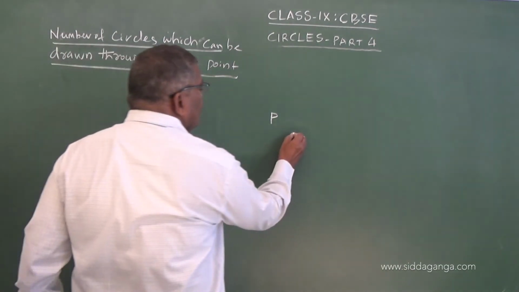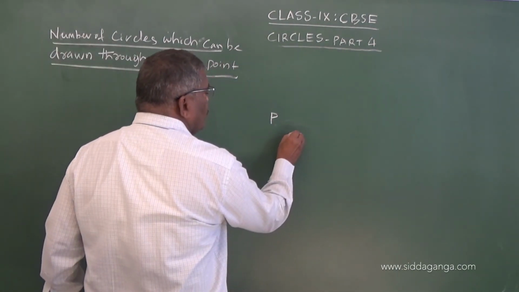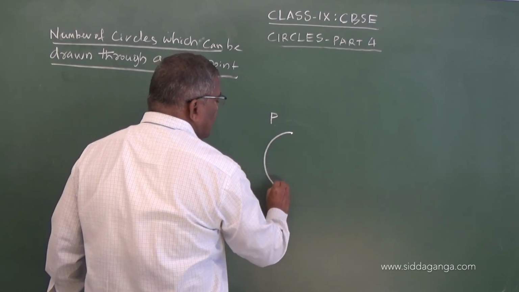Suppose you have a point P, through this we can draw a circle like this.